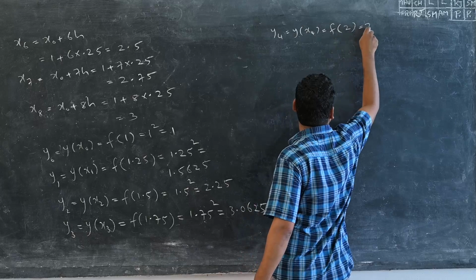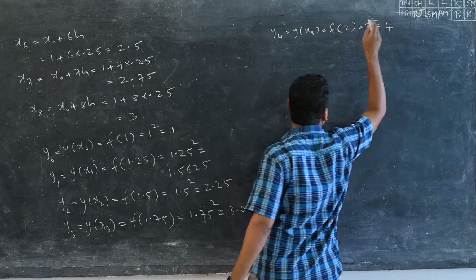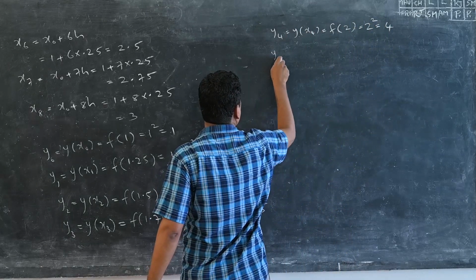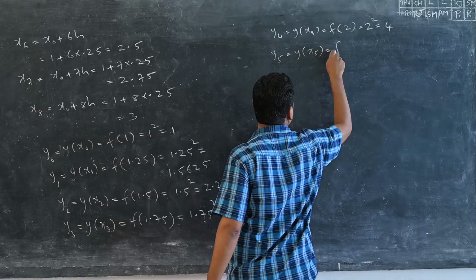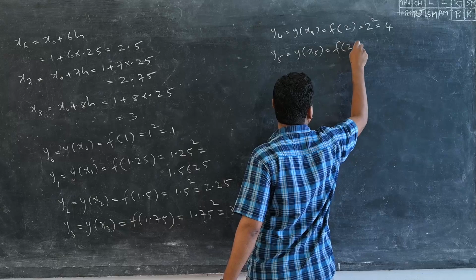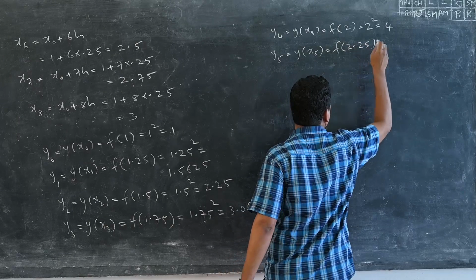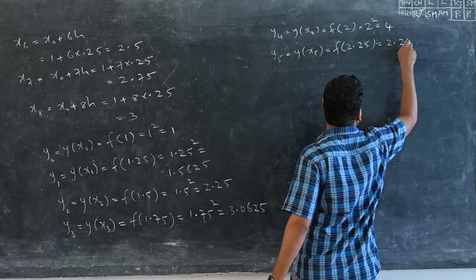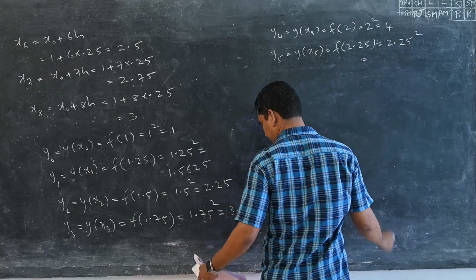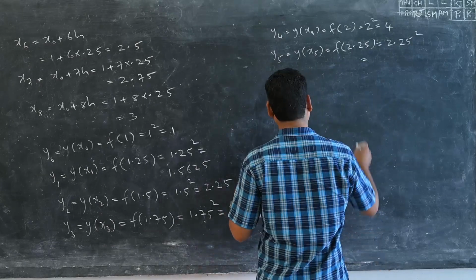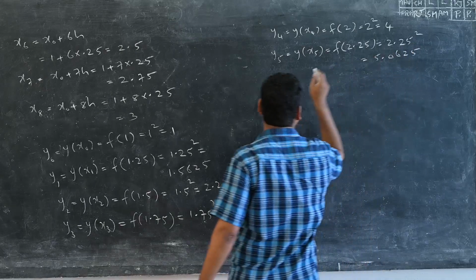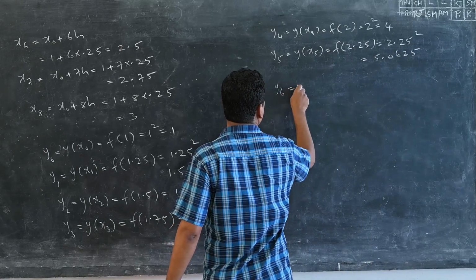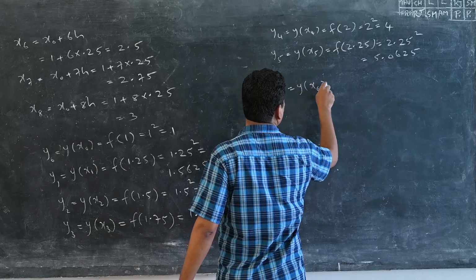Is equal to 2 square is equal to 4. y5 is equal to y of x5 is equal to f of 2.25 is equal to 2.25 square. This is equal to 5.0625. y6 is equal to y of x6.